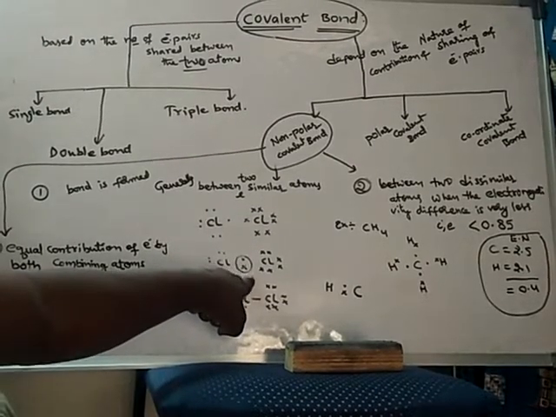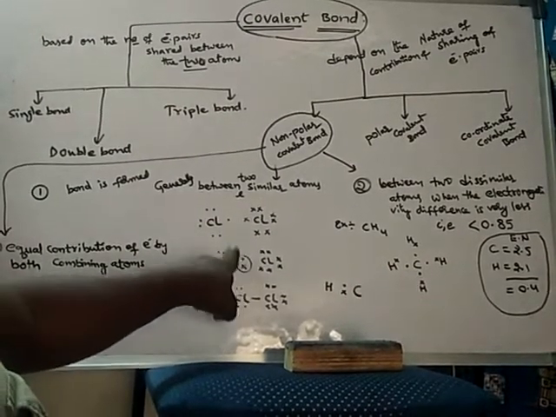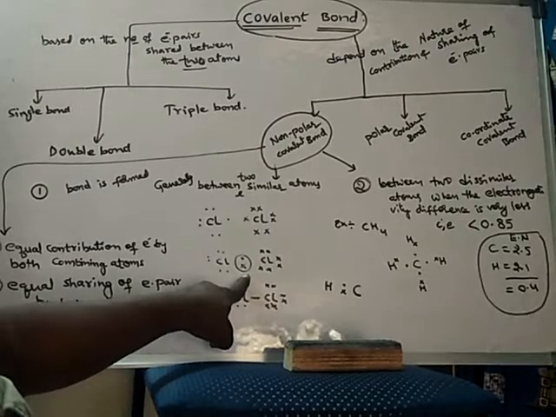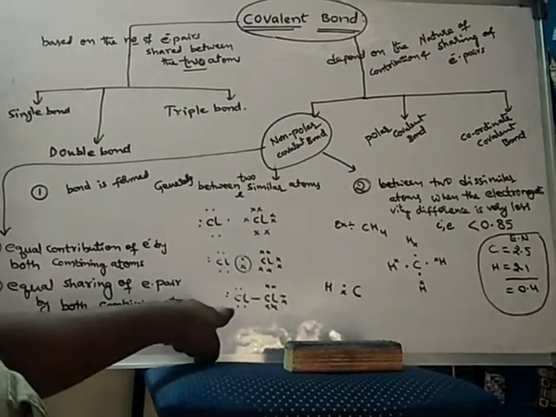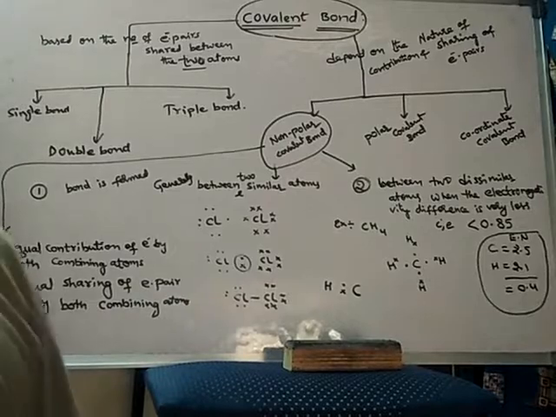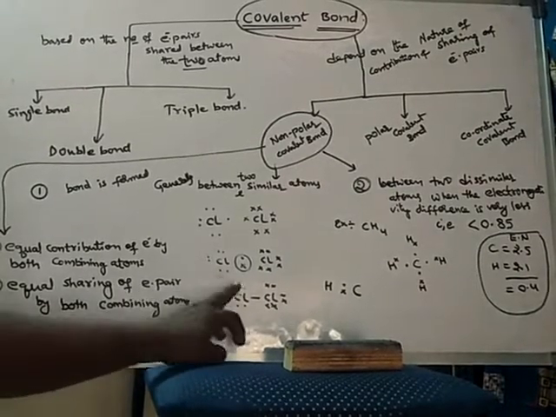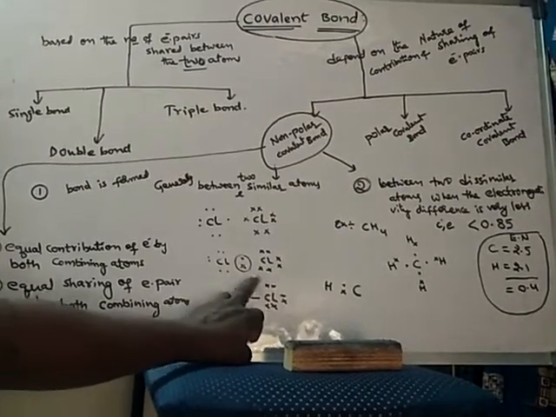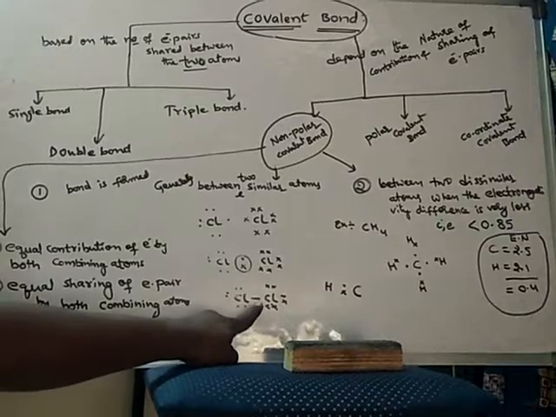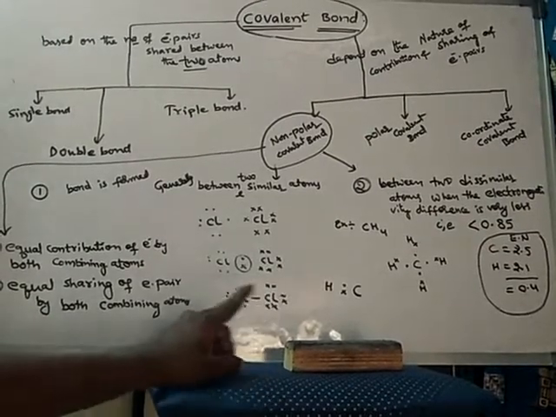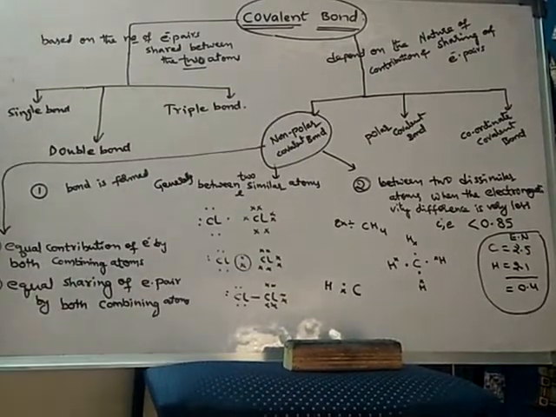Okay, now these two electrons will form a pair. Now this pair of electron is shared by both the atoms equally, to form only one bond, because a single bond always means only one pair of electron.